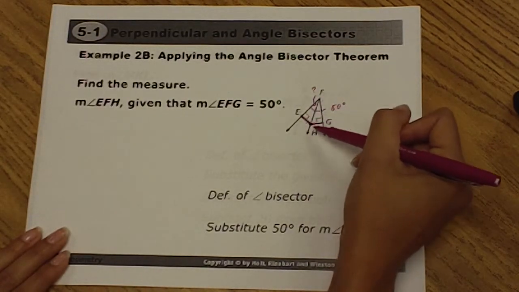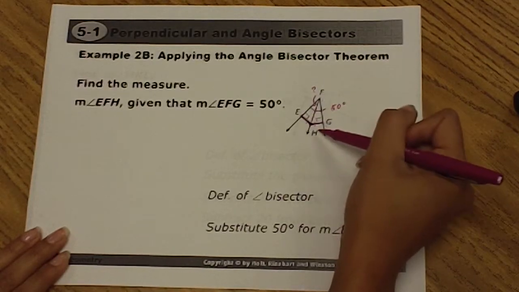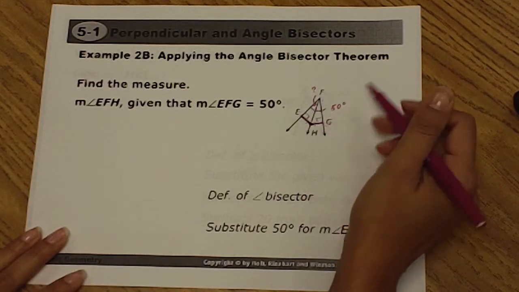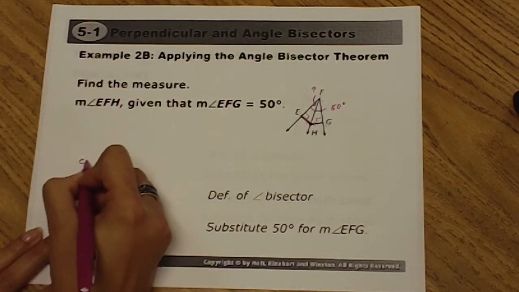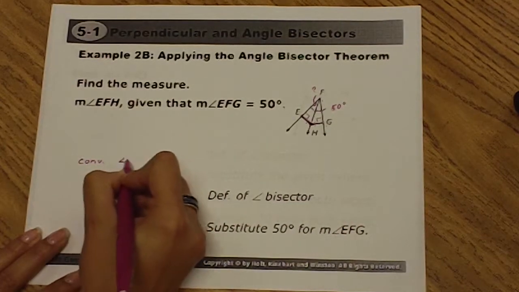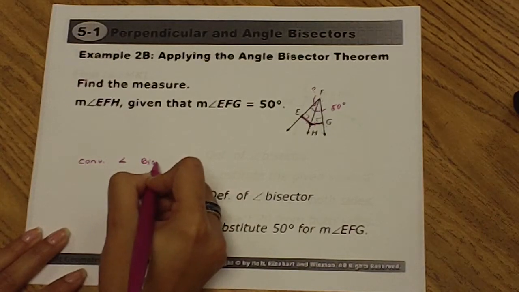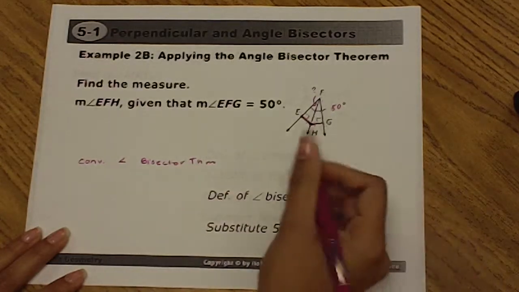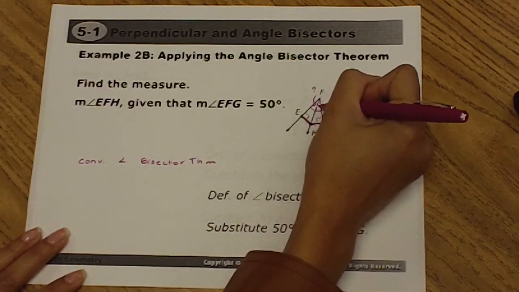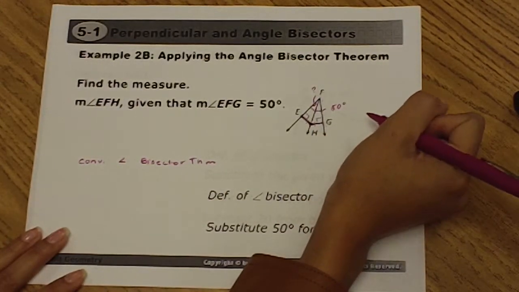Because it's the same distance to both of the other rays, I can use the converse of the angle bisector theorem to say that these angles are going to be congruent to each other.